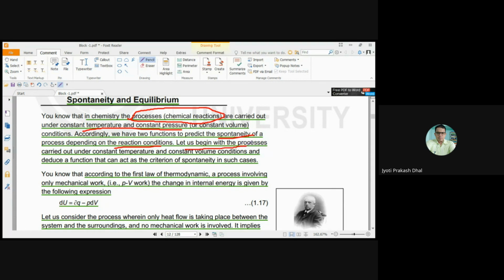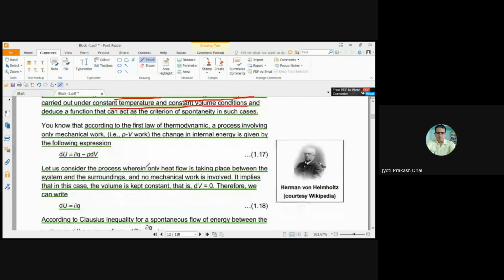Let us begin with the processes carried out under constant temperature and constant volume condition. First we will discuss the processes which are carried out under constant temperature and constant volume condition, and in that condition we will deduce a function that acts as a criteria for spontaneity of such cases.